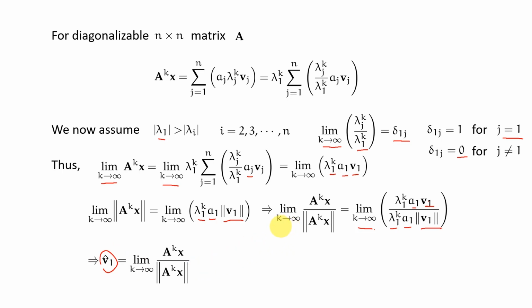which is equal to limit k tends to infinity A to the power k x divided by norm of A to the power k x.